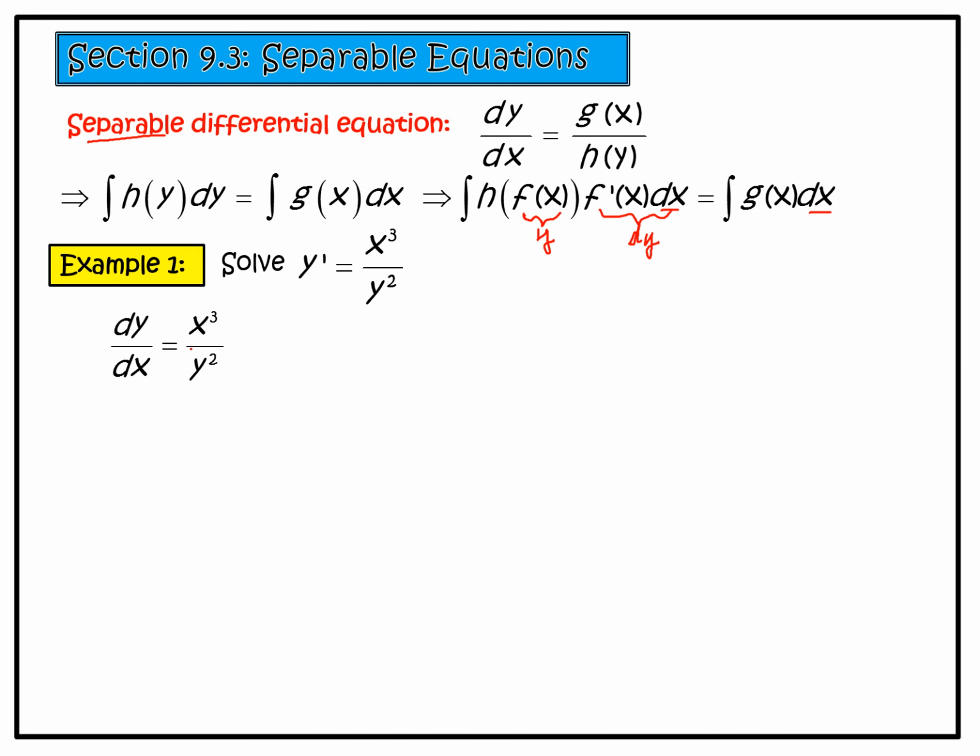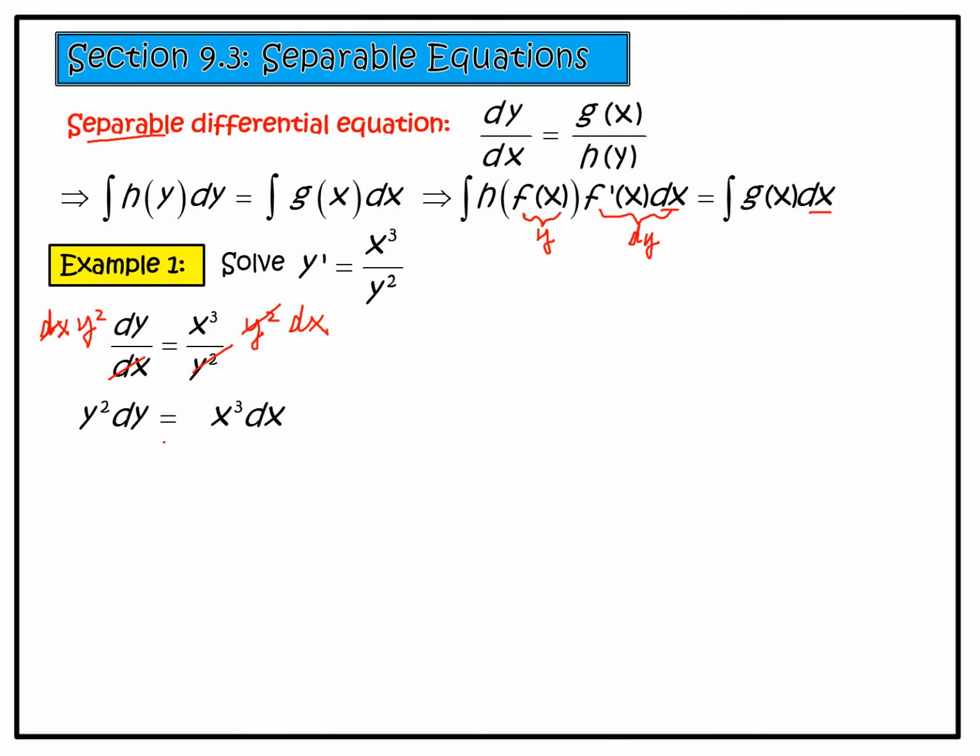So multiply both sides by y squared, and then multiply both sides by dx. So you multiply by the denominators. And then the dx cancels out here, and the y squared cancels out there, and that's the same thing you get from doing cross products.